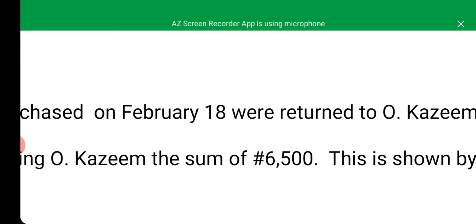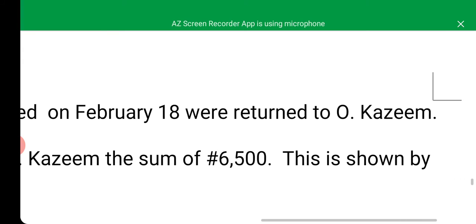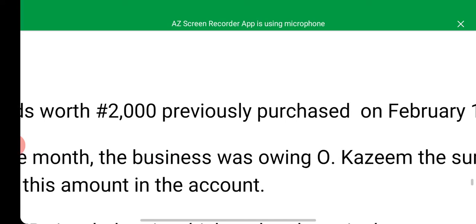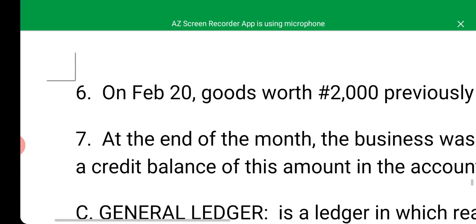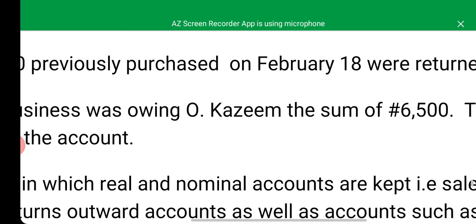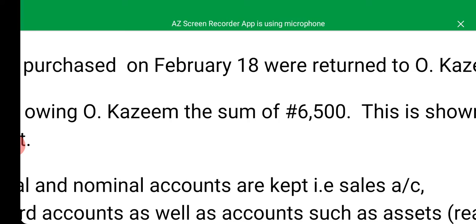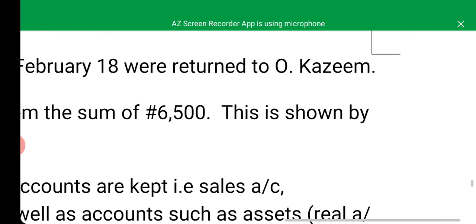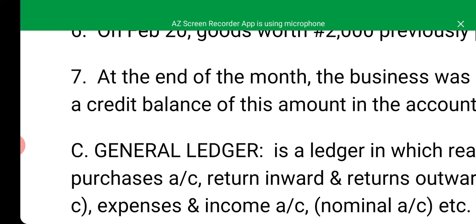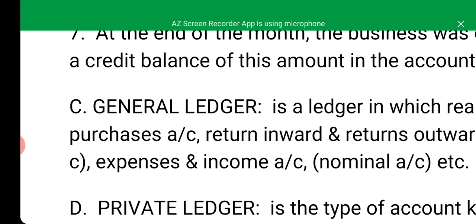This is the return outward. And at the end of the month, the business was owing O Kazim the sum of 6,500, which represents the balance carried down. So this is shown by a credit balance of the amount in the account.